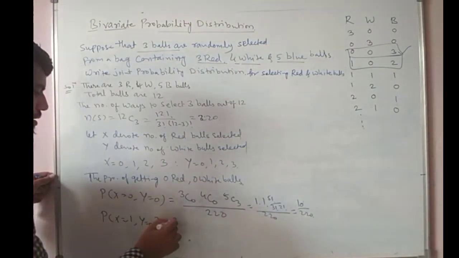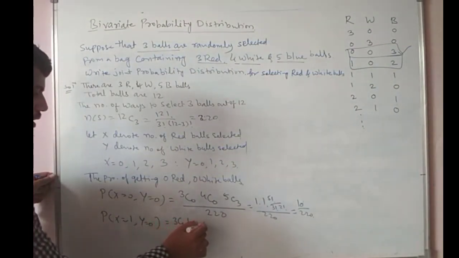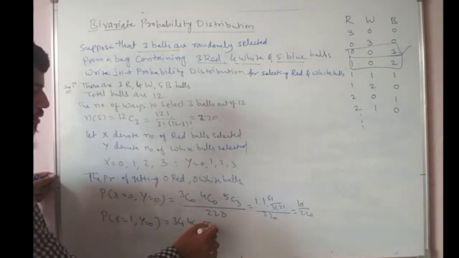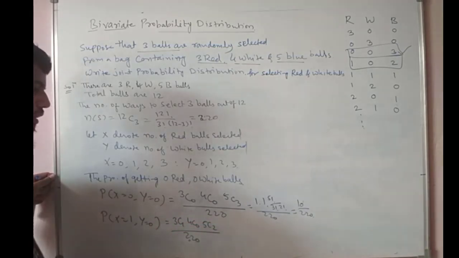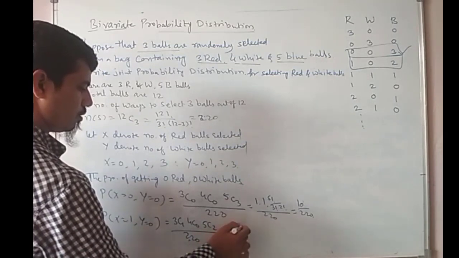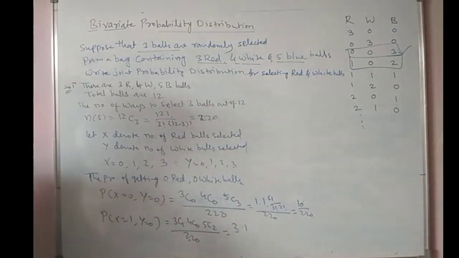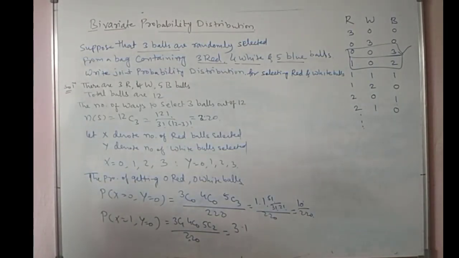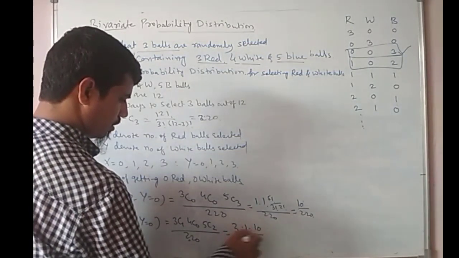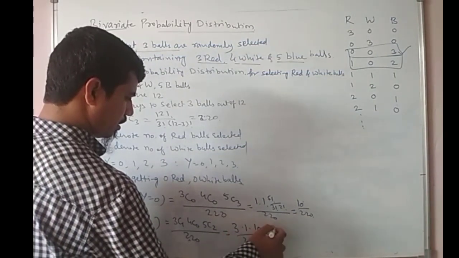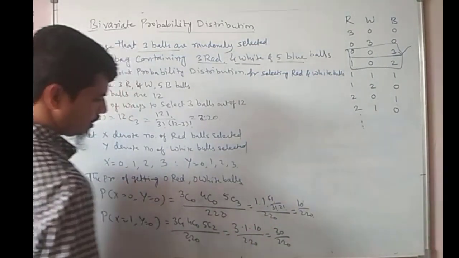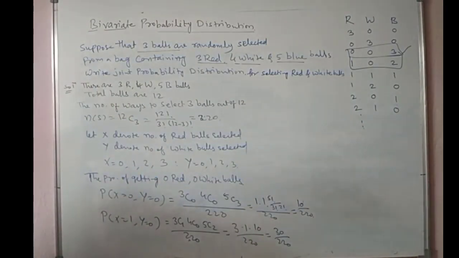That is obtained as 3C1 into 4C0 into 5C2 divided by 220. 3C1 means 3, 4C0 means 1, and 5C2 is 10. So it's 30 by 220. So there are 30 by 220 ways to select 1 red ball, 0 white ball and 2 blue balls.